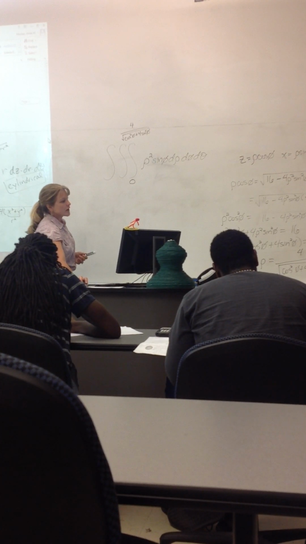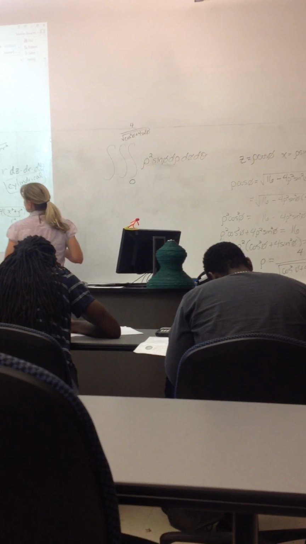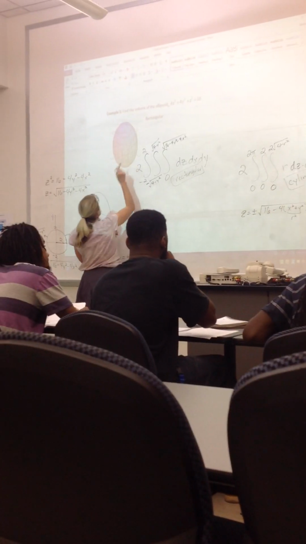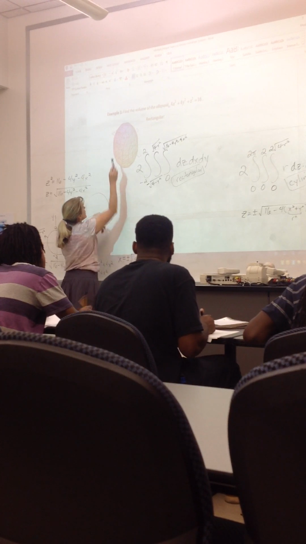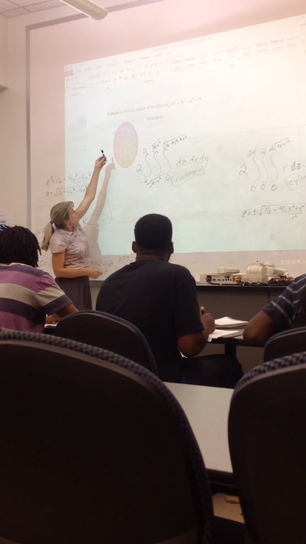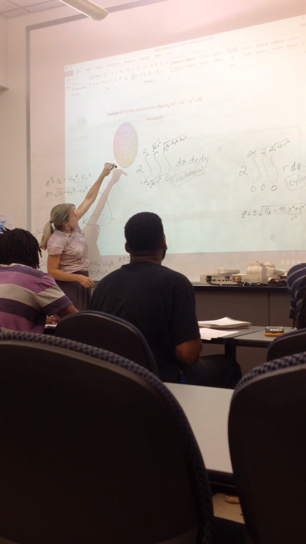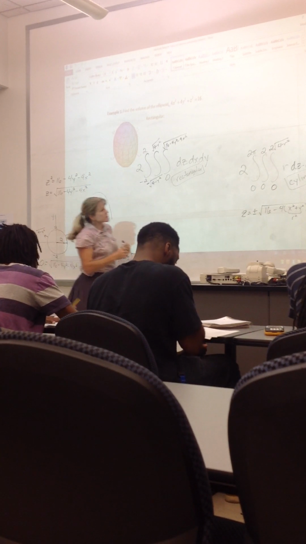Yeah, why don't we, on this one, not use symmetry, okay? So here's my shape, and phi is being traced from the positive z-axis. Okay, I'm tracing phi from the positive z-axis.